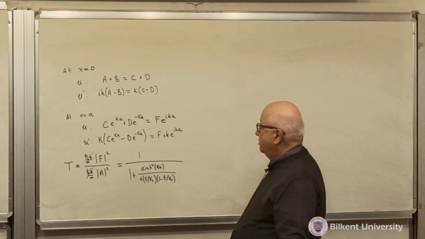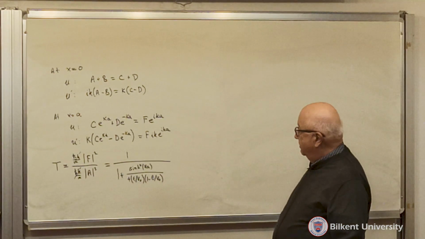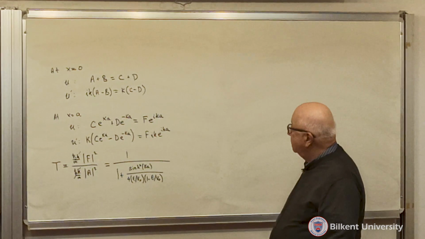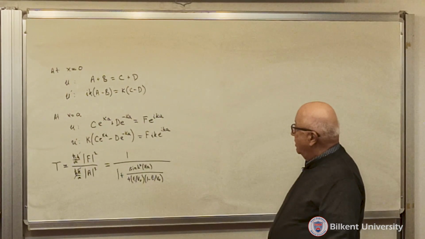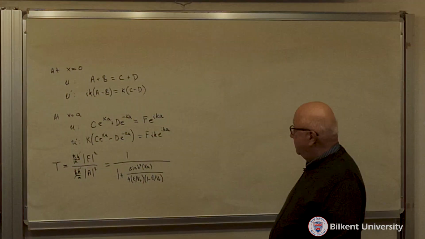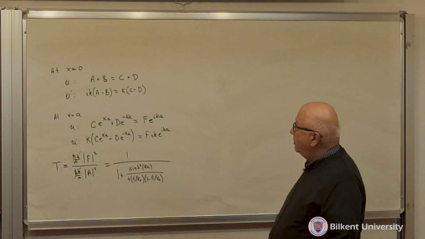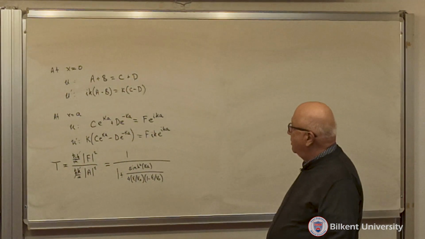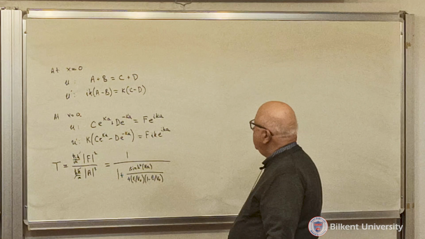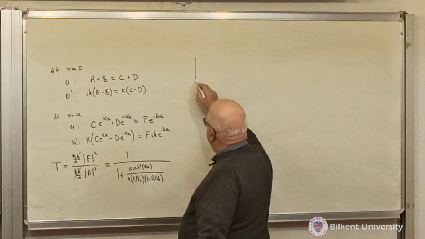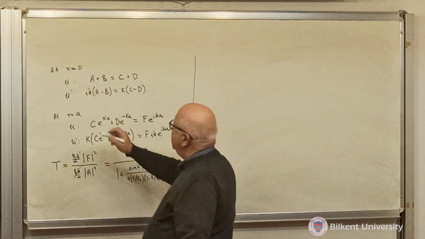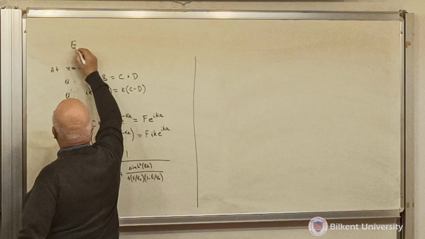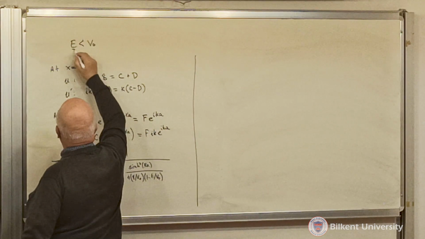So we just trust one another in that. And let me at the same time just write down, maybe it's best to put everything on one board. So this is the case when E is less than V0.